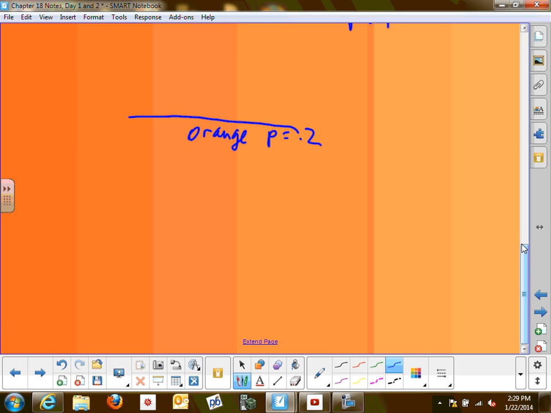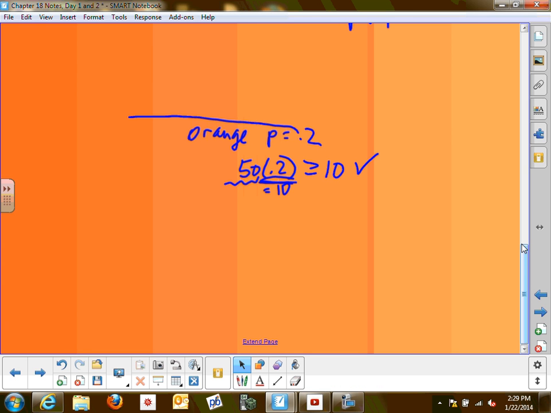So in order for that to be large enough, I had to do 50 times 0.2 to be greater than or equal to 10, because 50 times 0.2 is 10. On other labs that I had gotten off the internet, they actually used size 40 for the sample size, but I found that wasn't large enough because it didn't meet that particular criteria. So I changed to 50 for you so that we had met the conditions. All right.